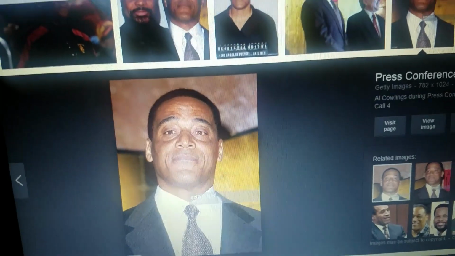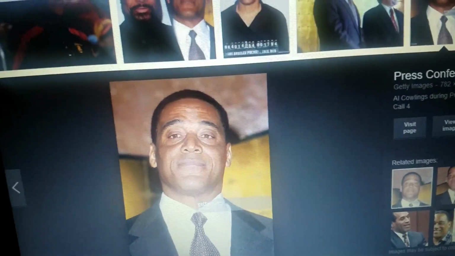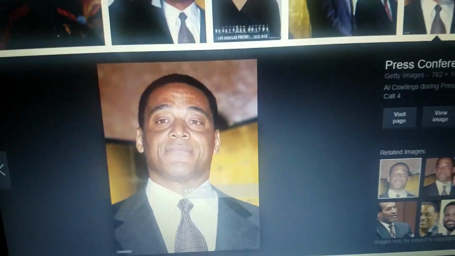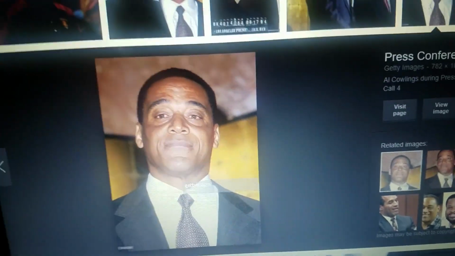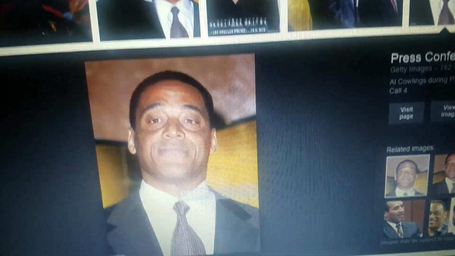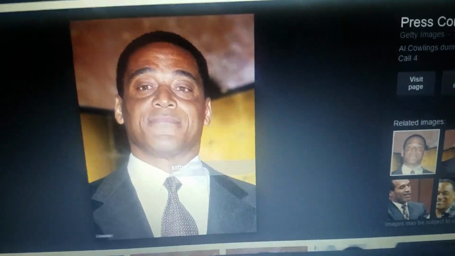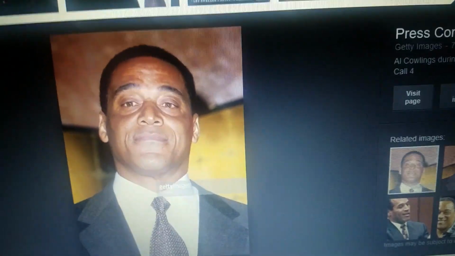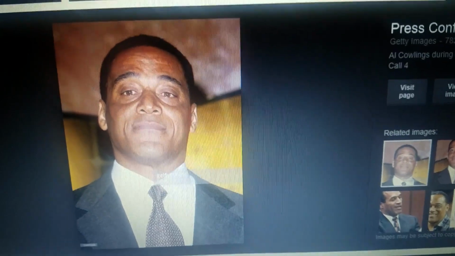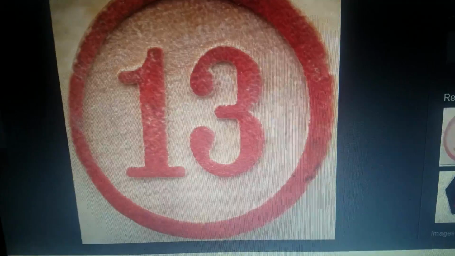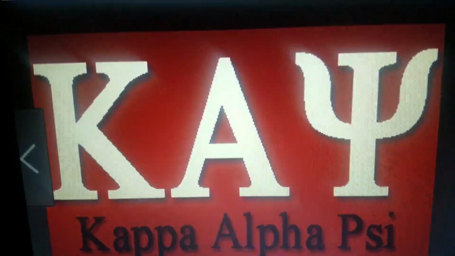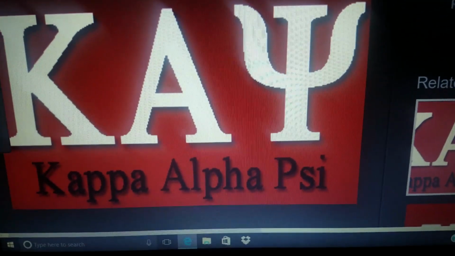Al Cowlings played college football with O.J. Simpson at USC. Al Cowlings was drafted to the Buffalo Bills just like O.J. Simpson. Al Cowlings ended his career with the 49ers, just like O.J. Simpson. Al Cowlings and O.J. Simpson both ended their career with the 49ers, which are the 13ers. 4-9 gives you 13 again, and it all ties back to Kappa Alpha Psi.